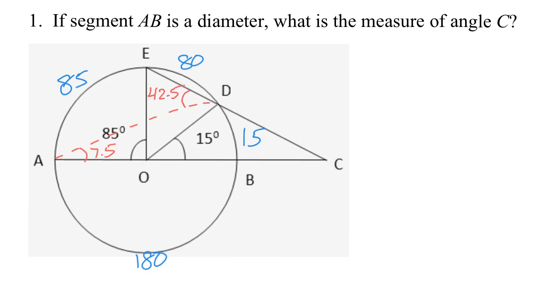Now you may be asking yourself, why did I find an angle that is not needed in my triangle? Because I need to know this angle right here in order to use the triangle sum theorem to find C. If you notice, the angle that I want and the angle that I just found are a linear pair. So let's take 42.5, subtract it from 180, and we'll get the angle that I want.